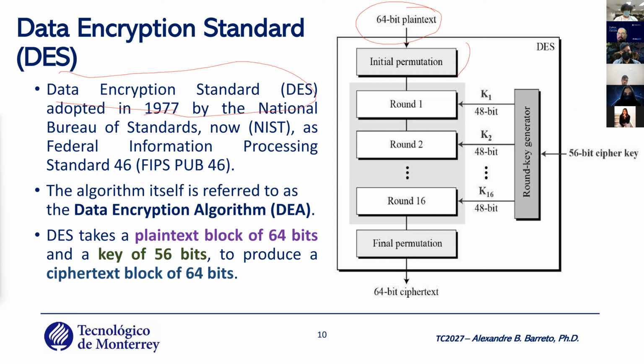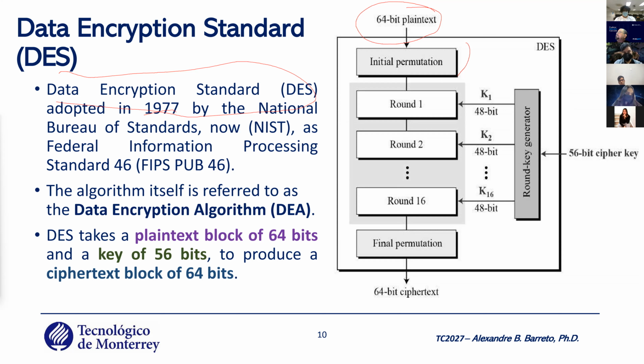The idea of the initial and the final permutation is to shuffle the data to start the permutation and substitution operations, okay? And in the final permutation, the idea is to organize the block to be possible to reassemble and to reapply the opposite operation.